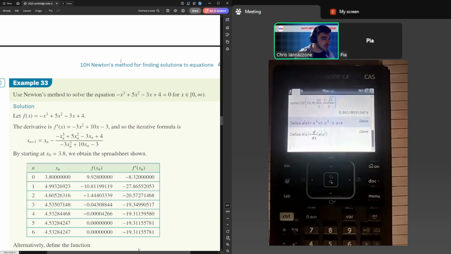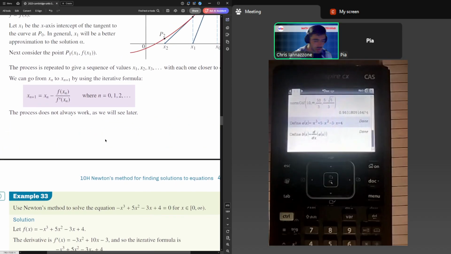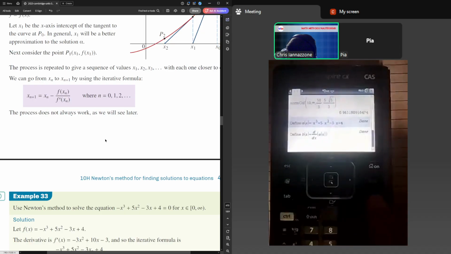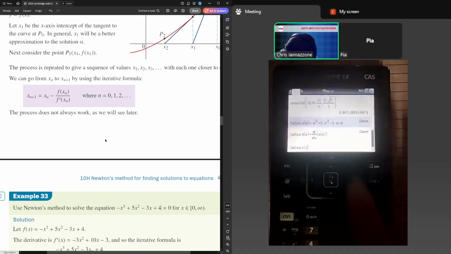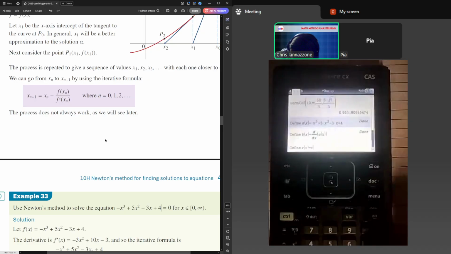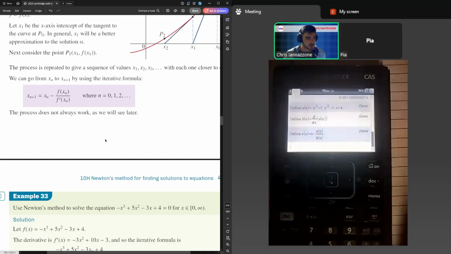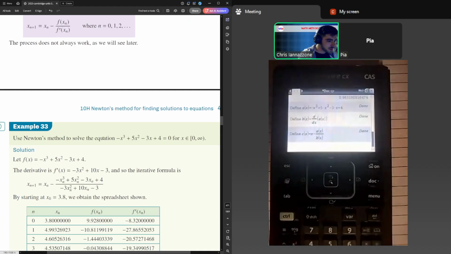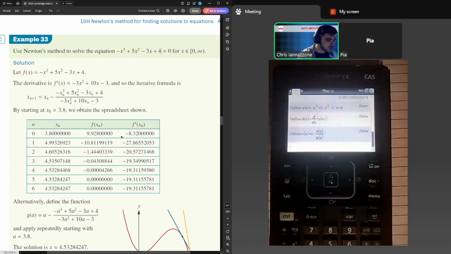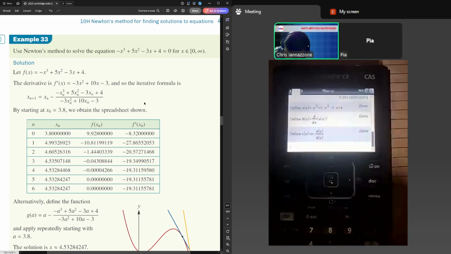Cool. Lastly is the actual Newton's method equation, which is going to look like this. Define c of x is equal to x minus a over b. And just like that, you have Newton's method in your CAS. So if we now just want to make use of Newton's method, we need to know our rough approximation.